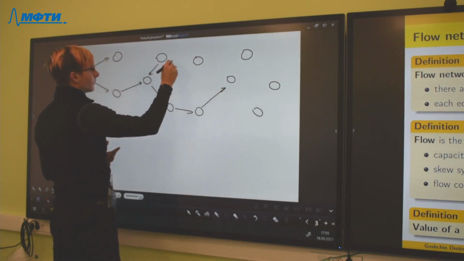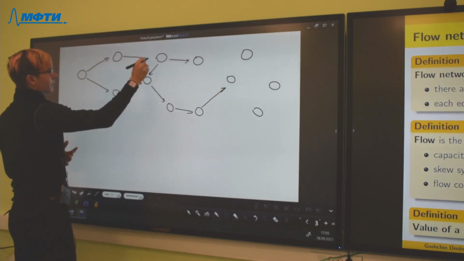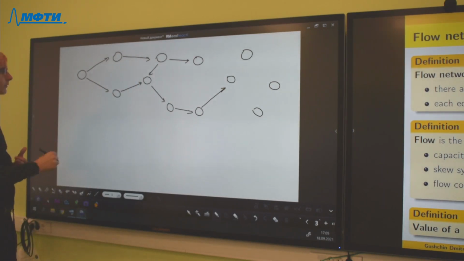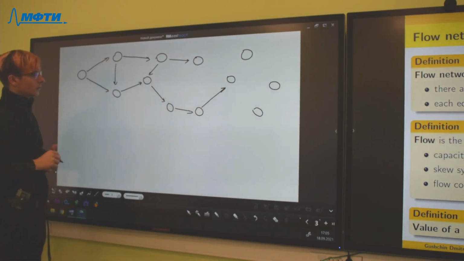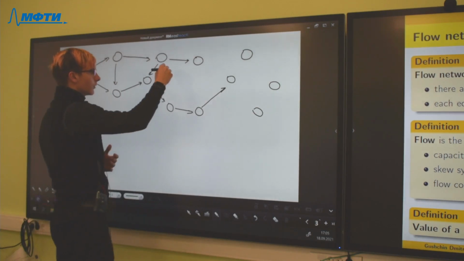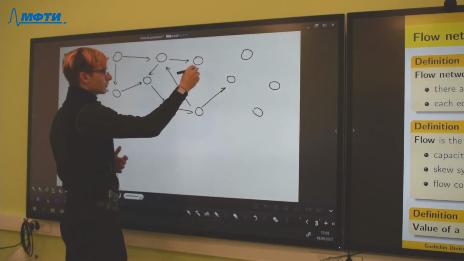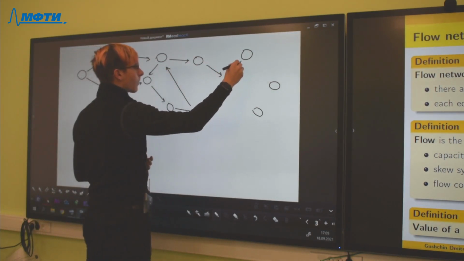And of course, the graph can have directed cycles, for example.